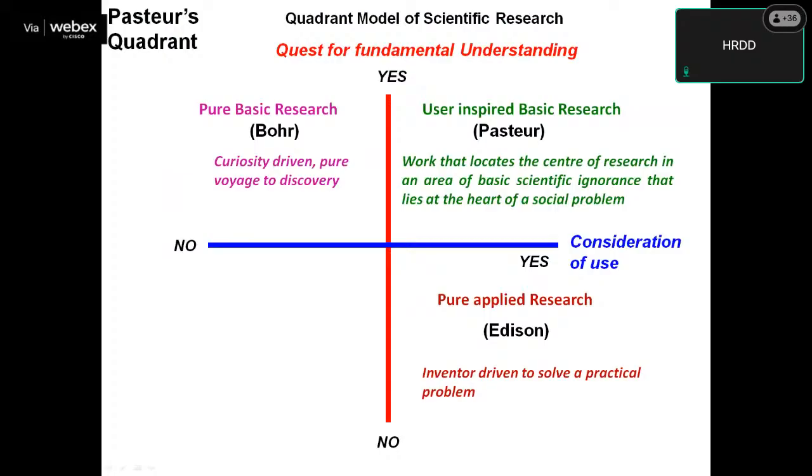In this y direction, the quest for fundamental understanding is increasing. At 0, on the negative side, no fundamental understanding is required. On the positive side, fundamental understanding is gaining importance. Along the x-axis, there is a consideration of use, means it can be used in society. In the negative direction, there is no use in the society.